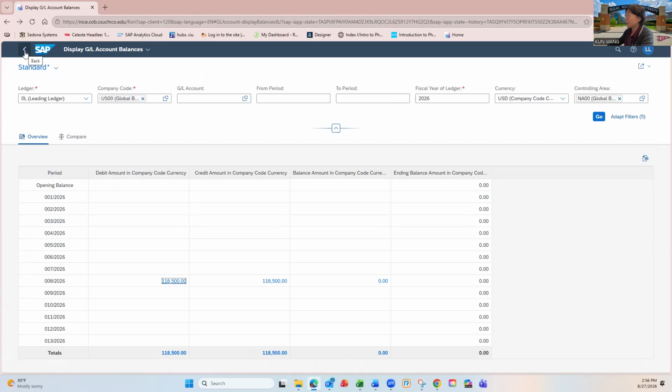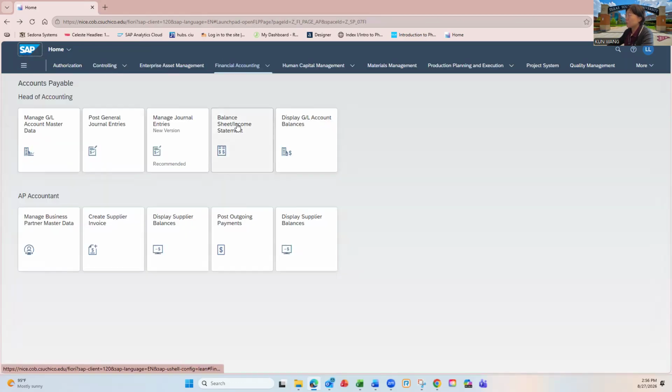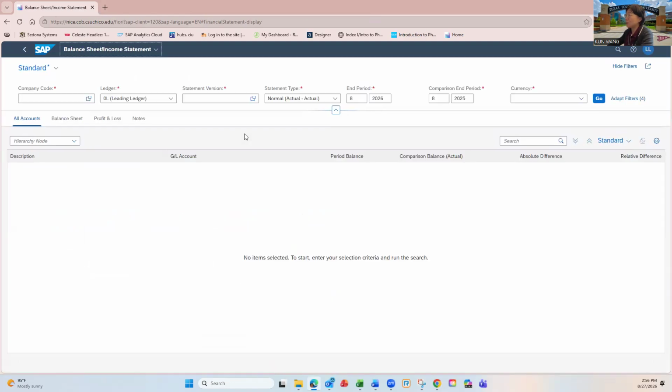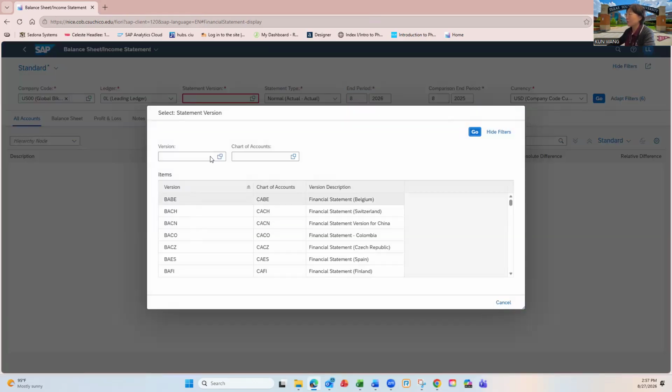Now I'm going back to the financial statements. Okay, so open the balance sheet, and we need to again put some of the required variant, like company code and the statement version. This one will help us to do a search, for the two little squares.